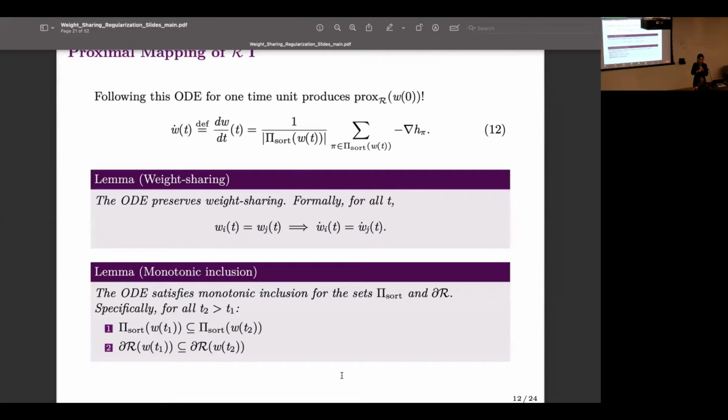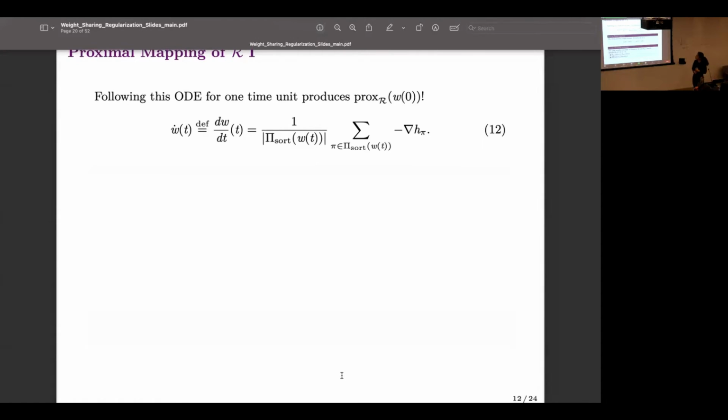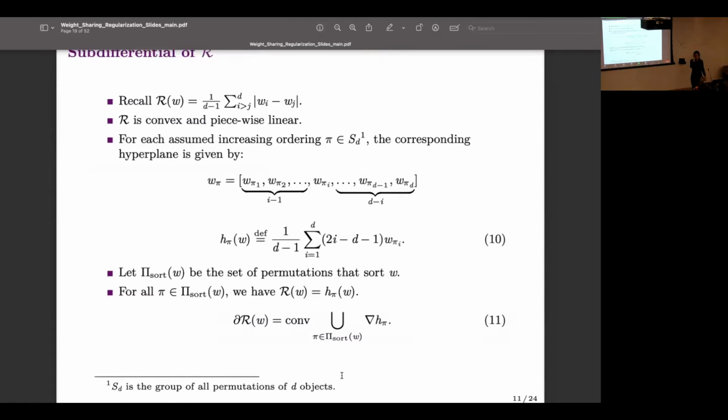Another important thing to recall here is that the gradient of H doesn't depend on W. It's just linear, so this gradient is just constant. At the bottom, equation 11, the subdifferential of R at W is the convex hull of the set of vectors, and it only depends on pi sort. It doesn't depend on W. So the only dependence on W is from the collisions.